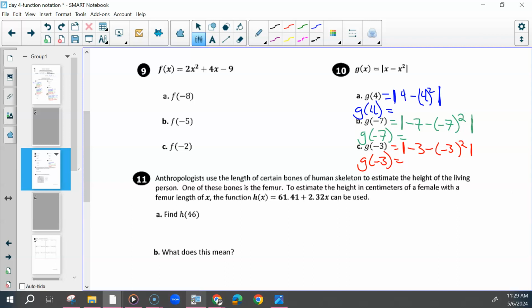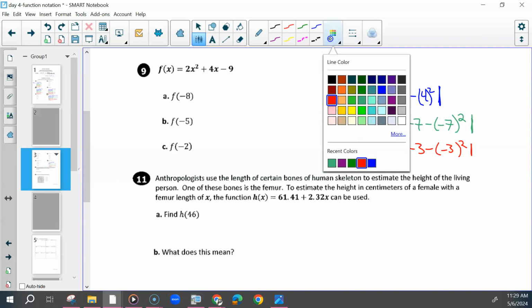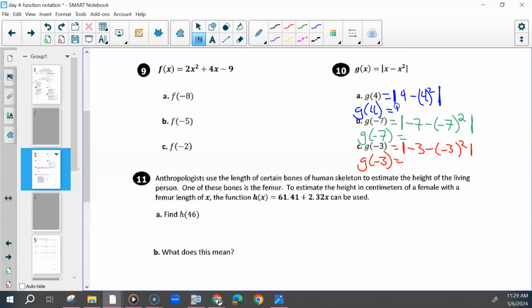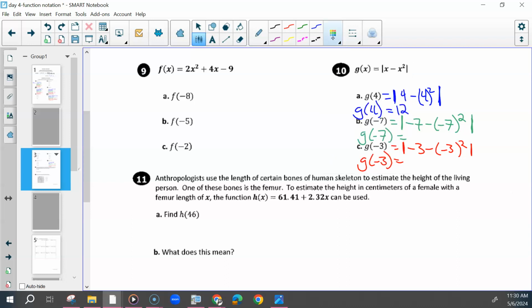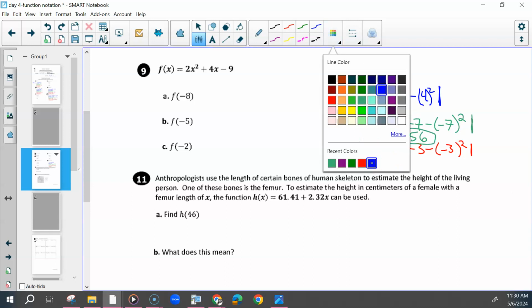What would g of 4 be? G of negative 7. So this would be 4 minus 16. So that would be negative 12, which would make it positive. Or if you just put it all together, it would be positive 12. And g of negative 3.